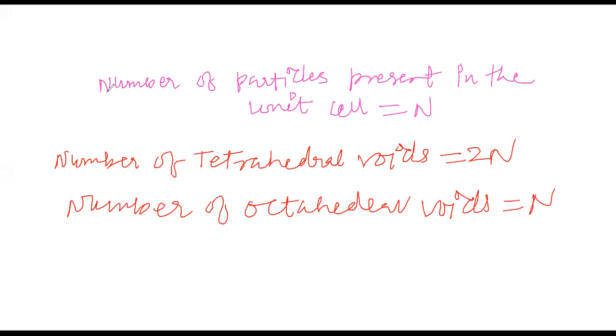So we can say that the number of particles arranged and the number of octahedral voids are equal, but the number of tetrahedral voids is double the number of particles arranged.